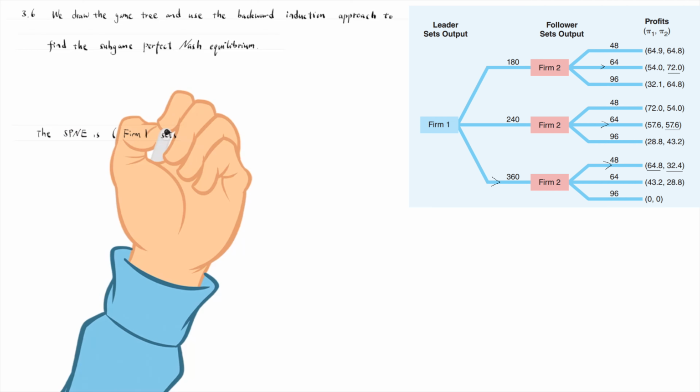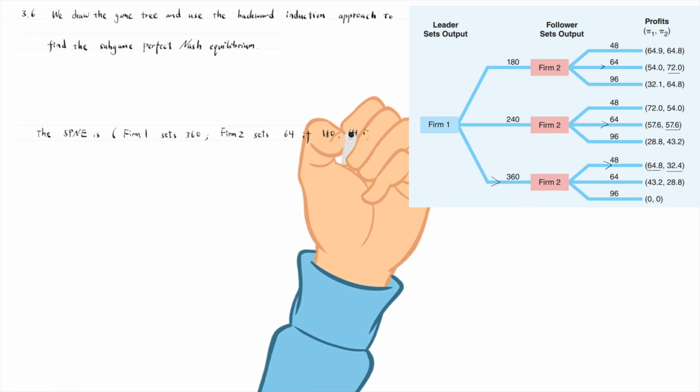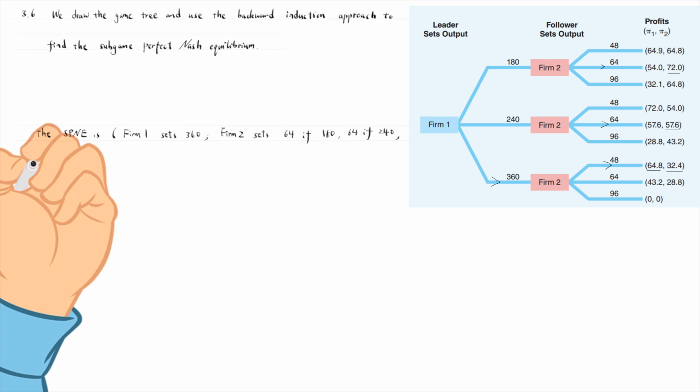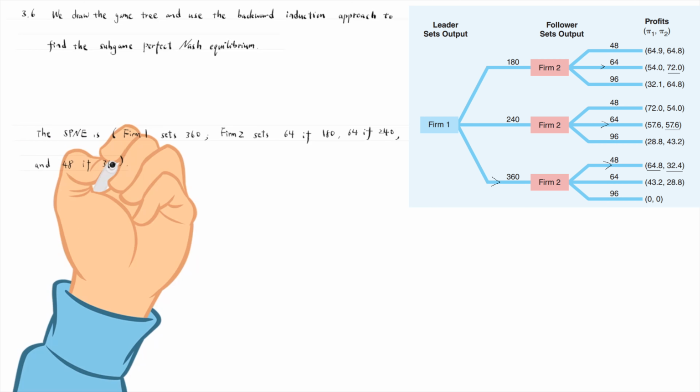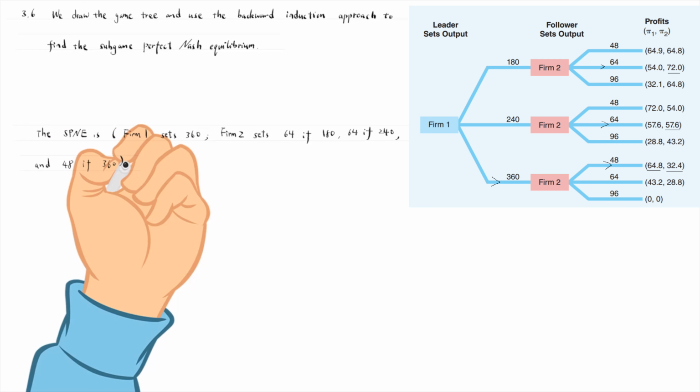The subgame perfect Nash equilibrium is Form 1 sets 360, Form 2 sets 64 if Form 1 sets 180, 64 if Form 1 sets 240, and 48 if Form 1 sets 360. Remember that a strategy is a plan that specifies the full set of actions conditional on its rival's actions.